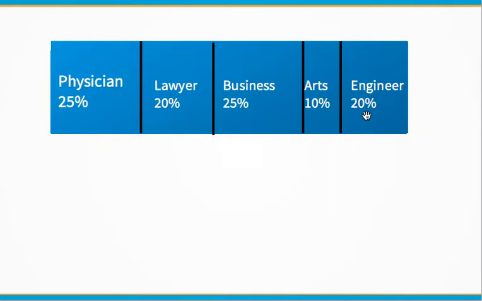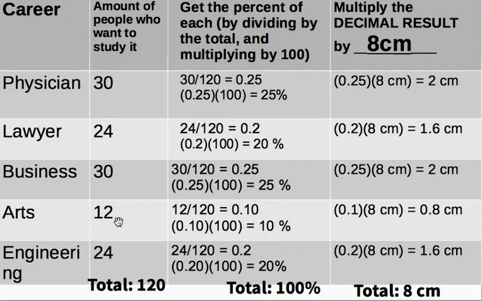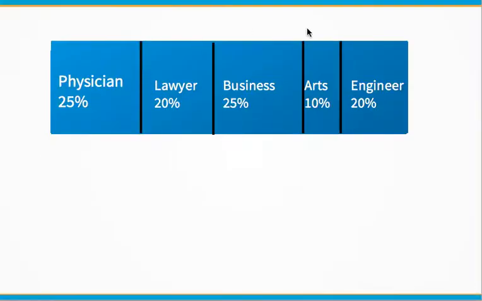What do I have to do next? I gotta label my chart: physician, lawyer, business, arts, and engineering. There you go. And as you can see, now we can interpret the information very clearly and in a fast way instead of reading the whole chart. I have 24 people in engineering and 12 in arts. You don't have to read all of that or the percents. All you have to do is look at the graph.